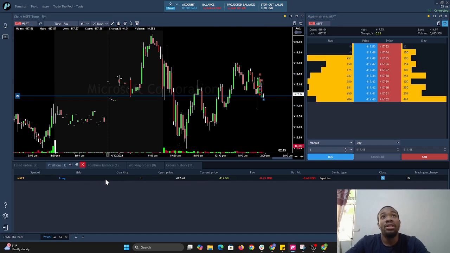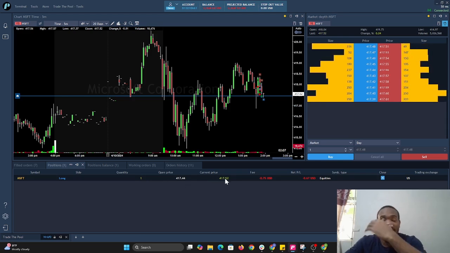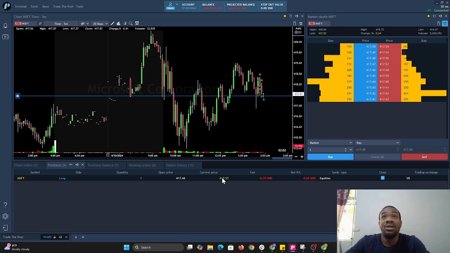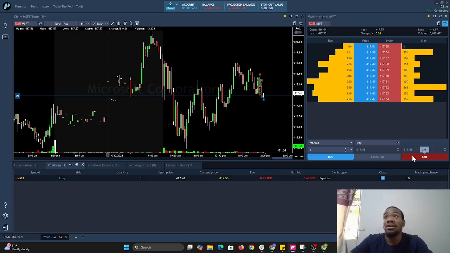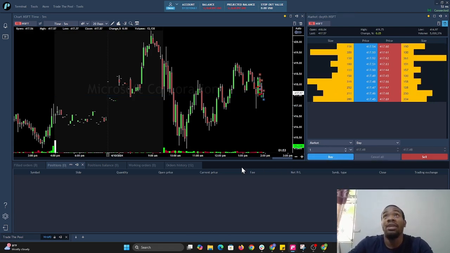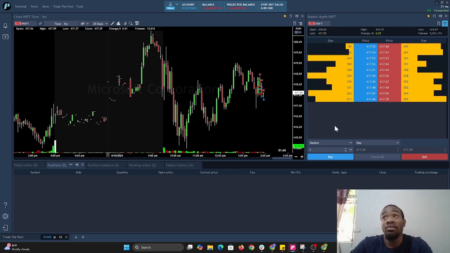This shows that we opened a position, and we have an open position for 1 share of Microsoft at $417.44, and the current price is $417.53. Now, we want to close out our position, so we'll just sell the 1 share at market, and it will close the position. It's as simple as that if you want to use a market order.